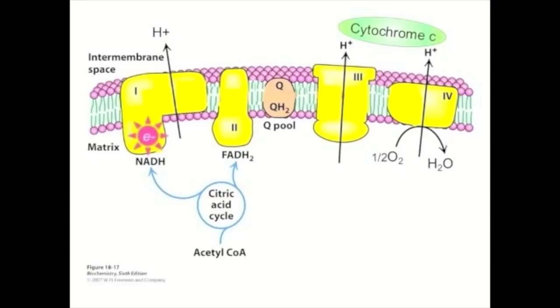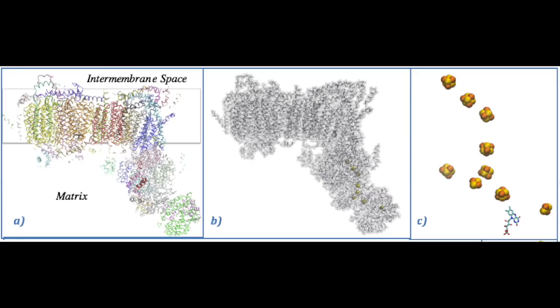Let's look at the progression of electrons through the electron transport chain and look at the electron carriers themselves. NADH will reduce components within complex 1, and in so doing, the energy that's released will be used to pump protons from the mitochondrial matrix into the intermembrane space. This is a yeast complex 1, and the matrix is shown at the bottom, and the intermembrane space is shown at the top of the diagram.